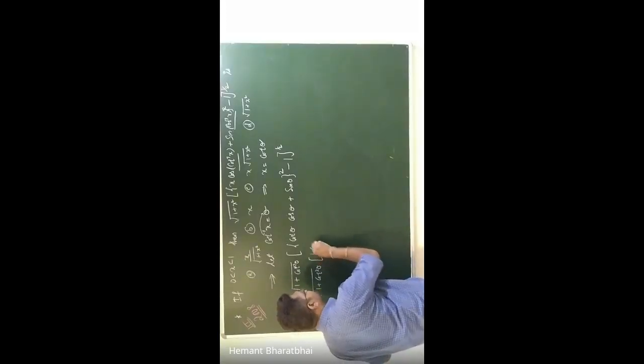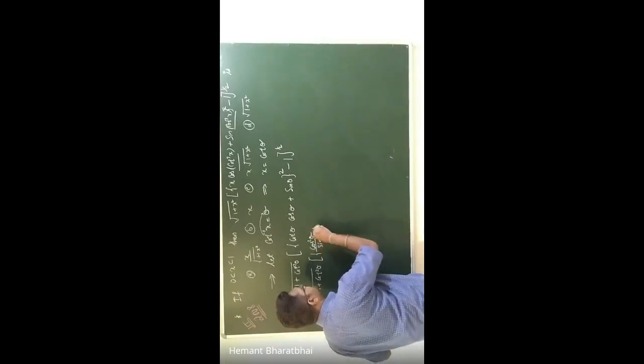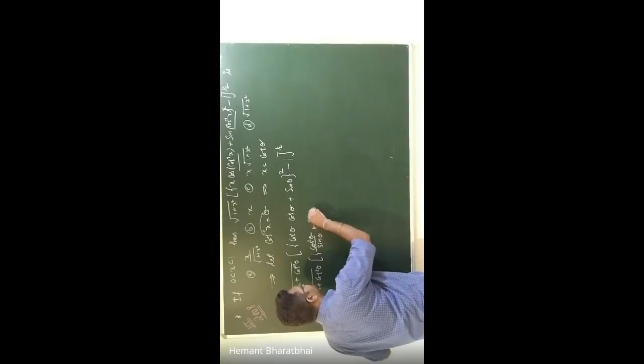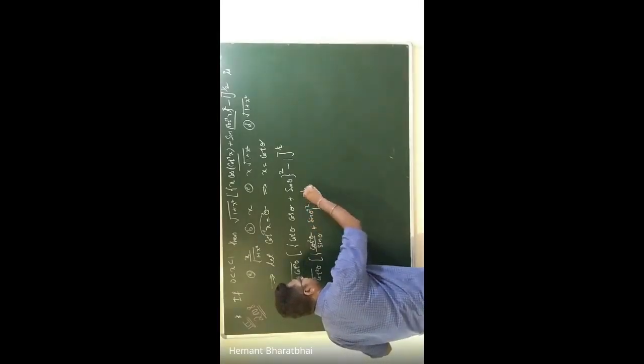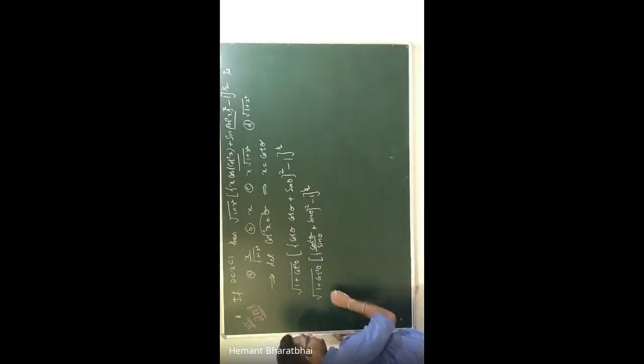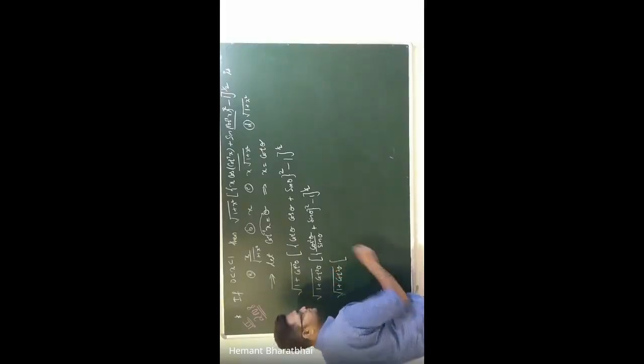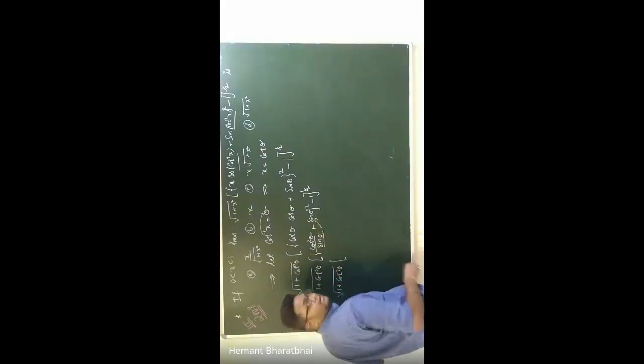So this will become cos square theta upon sine theta plus sine theta the whole square minus 1 raised to 1 by 2. So this will become 1 plus cot square theta. So here I'll take LCM.